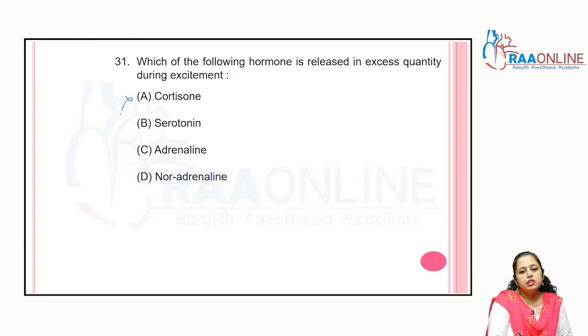Cortisone is not related with excitement. Serotonin is also not related, but the emergency hormone is adrenaline, which is related with excitement. So the answer is C. It is also called the 3F hormone, related with fear, fight and flight.